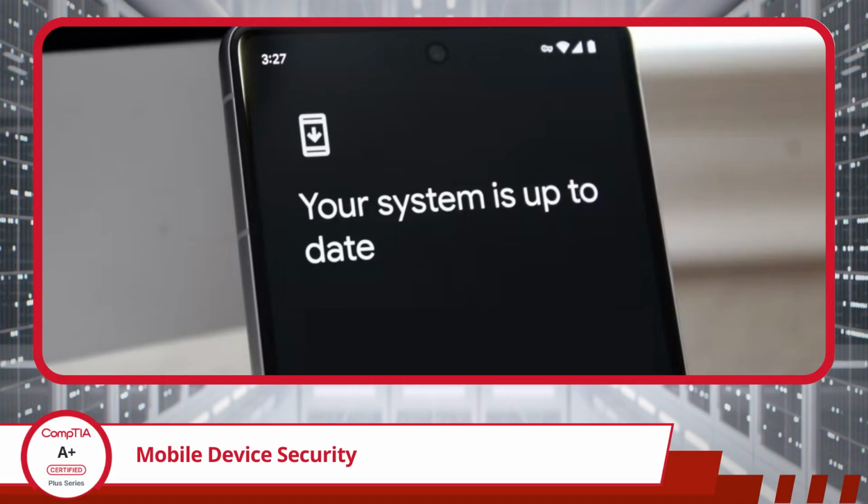Of course, securing the device itself is only part of the equation. Software vulnerabilities also need constant attention, which brings us to patch management. Patch management involves keeping both operating systems and applications updated with the latest security fixes and improvements.